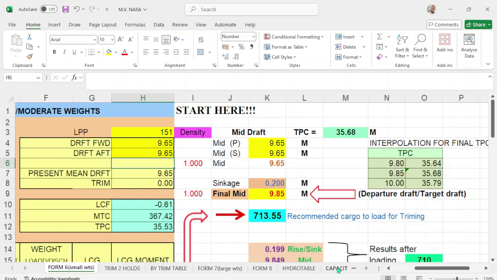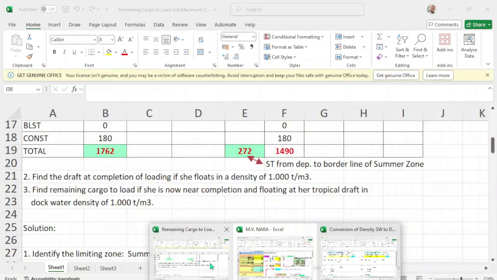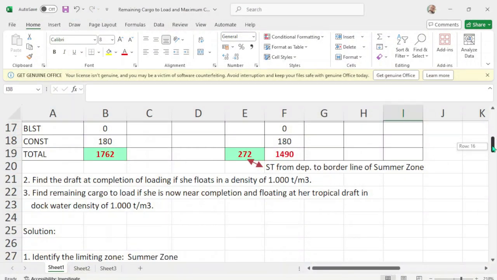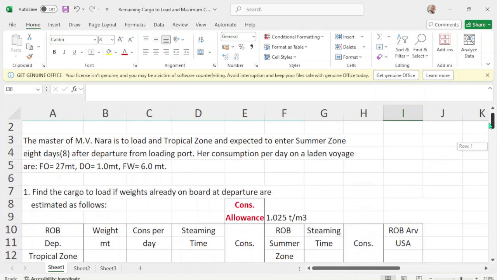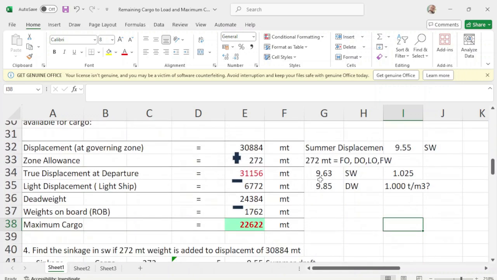Okay, let's just put here 9.63 as the departure drop.